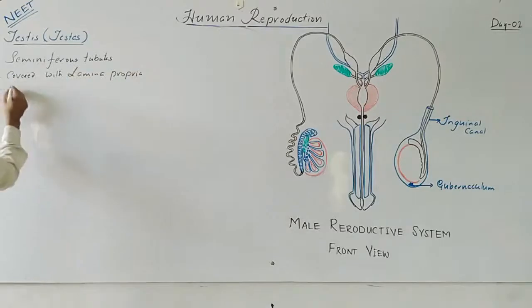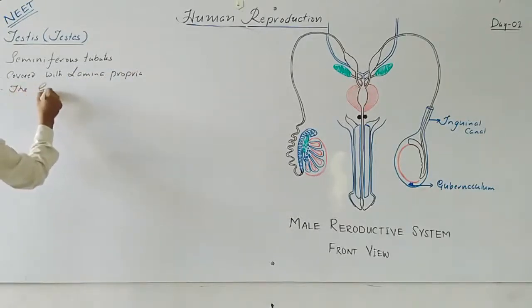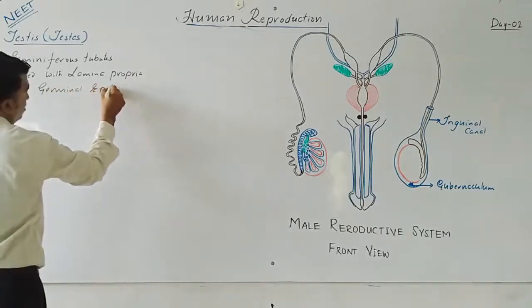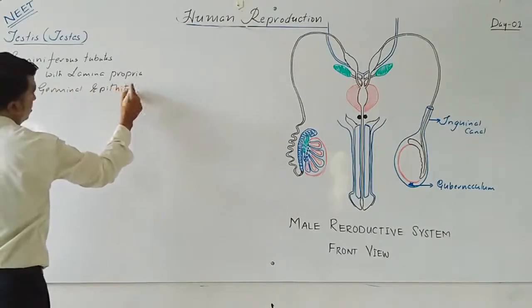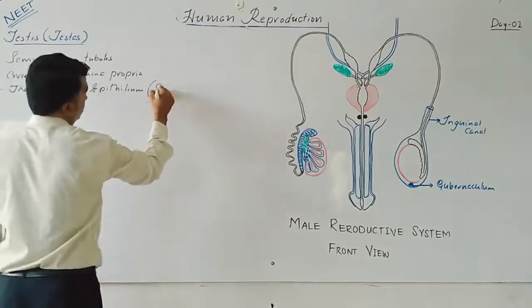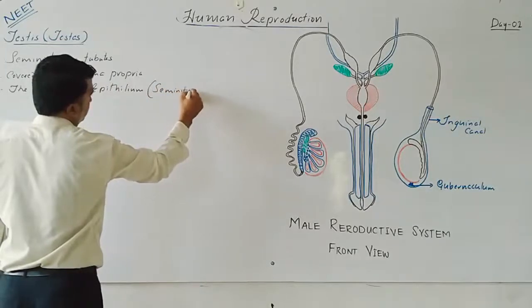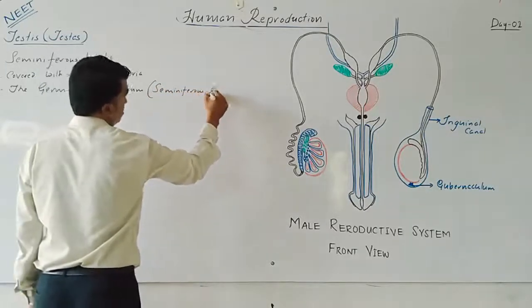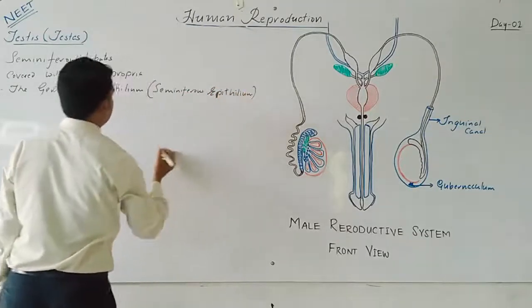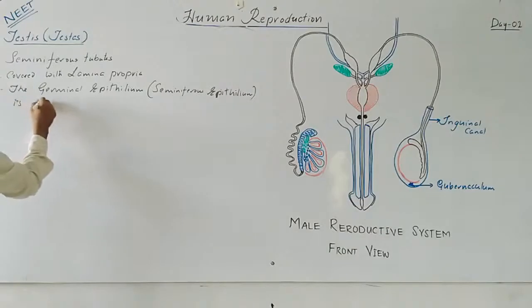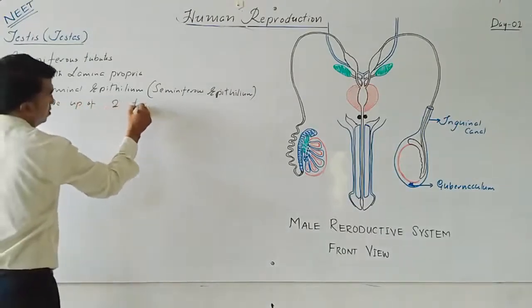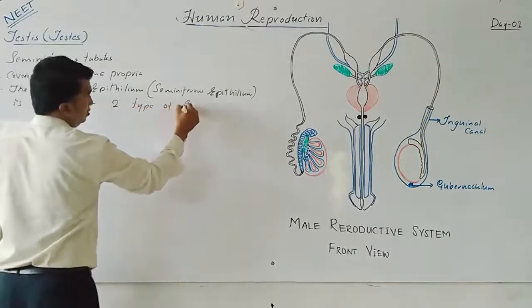The germinal epithelium, or seminiferous epithelium, is made up of two types of cells.